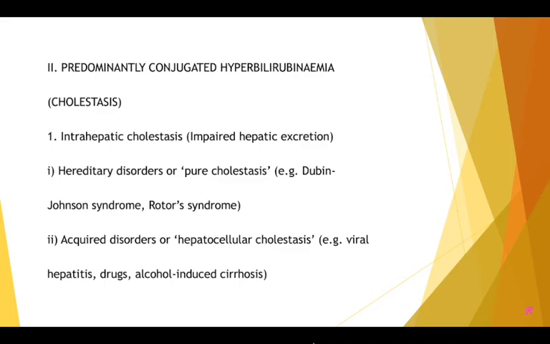Okay, that is, it is not hereditary. Through our lifetime we have acquired that. It can be due to viral hepatitis or drugs or alcohol induced. Anything can be the reason for the intrahepatic cholestasis.